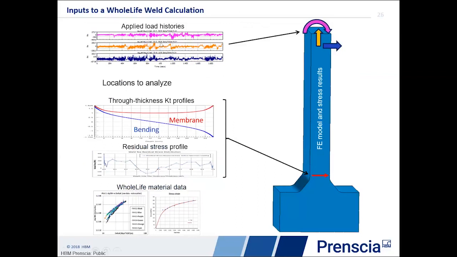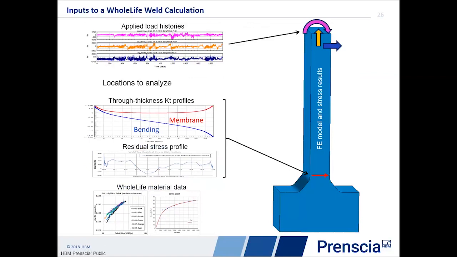But we apply full sets of loads to our structure, and then we do specify locations to analyze. And again, that's going to be either identifying the shell elements in our welds, or going off and specifying locations via weld configuration file for solid welds.